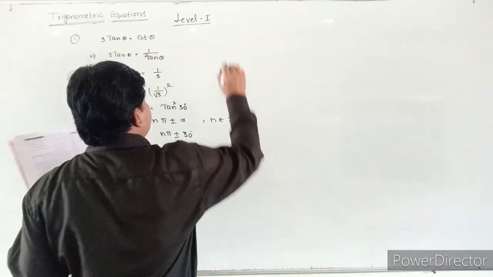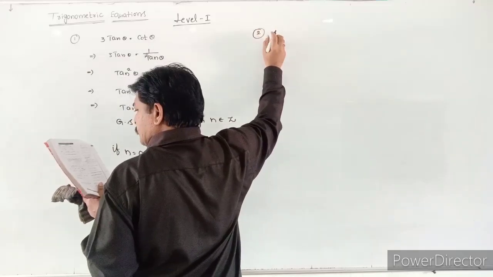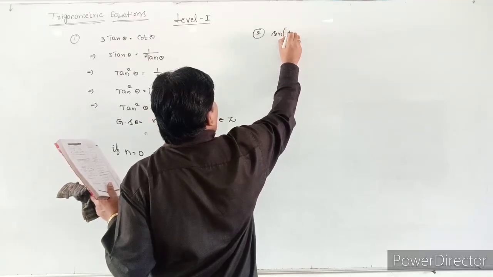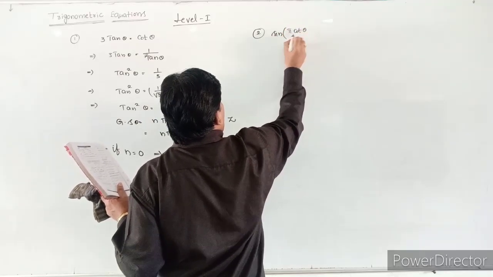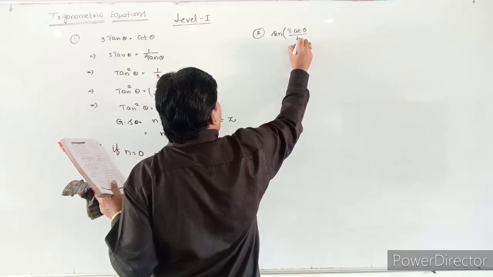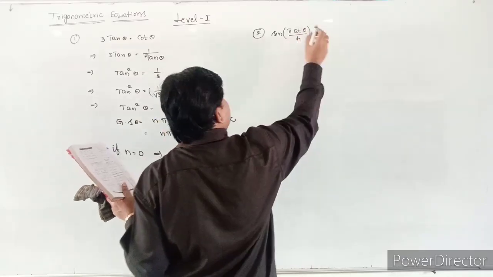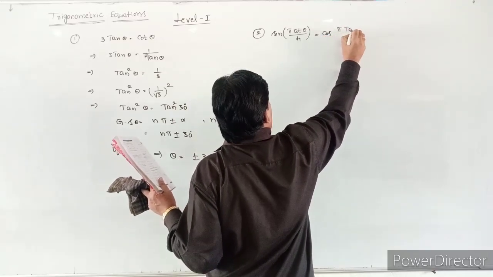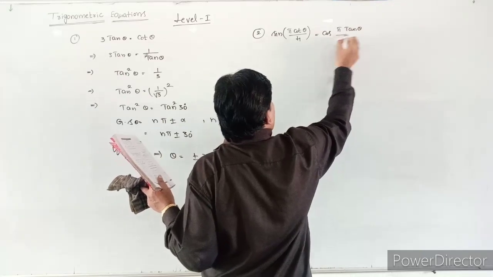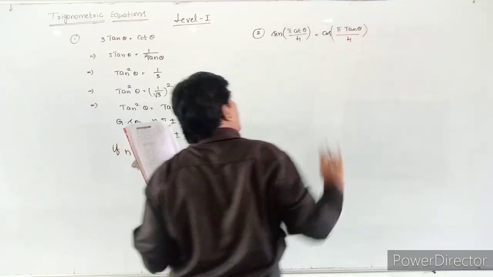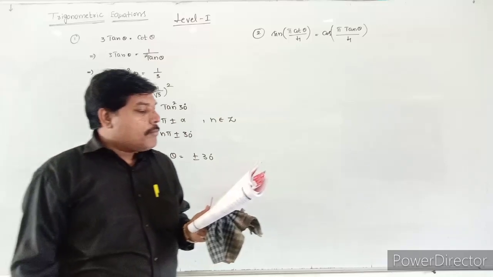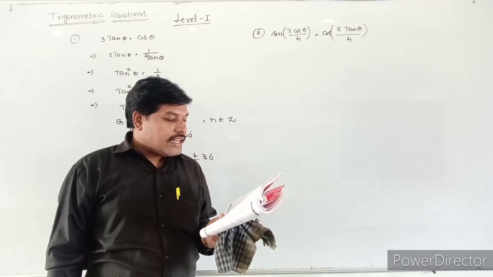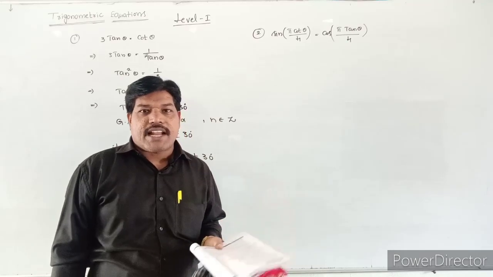So what is question number 2? If sine of pi cot theta by 4 is equal to cos of pi tan theta by 4, and theta is in the first quadrant, then the theta value is.